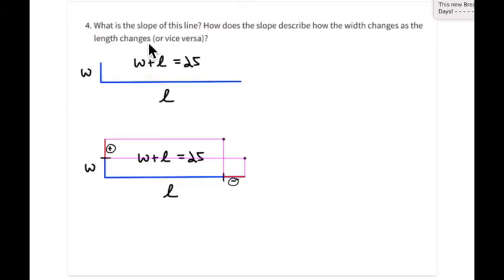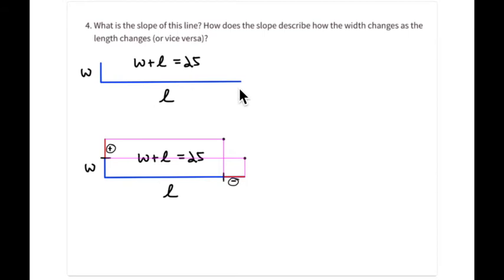All right, and it says, how does the slope of this line describe how the width changes as the length changes? And remember, those changes, that's what describes or defines the slope. Along that line, how much does the y direction change compared to the x direction? That's the slope, change in y over change in x.